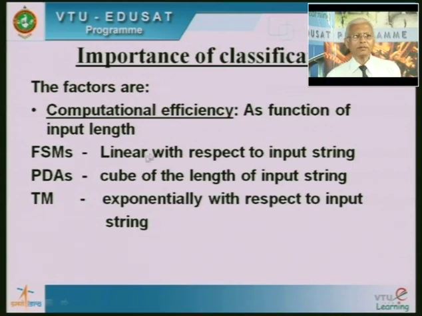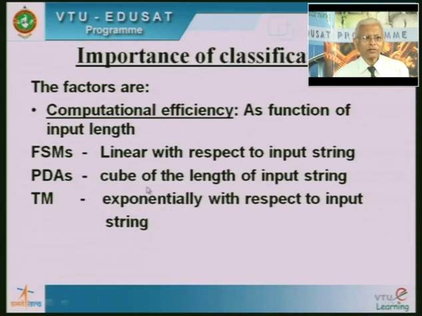Finite state machines are linear with respect to the input string. That means it will take more time if the length of the input string increases, whereas the pushdown automata varies in a cubic way. As the length of the string varies it is not linear, whereas a Turing machine is exponential with respect to the input string.